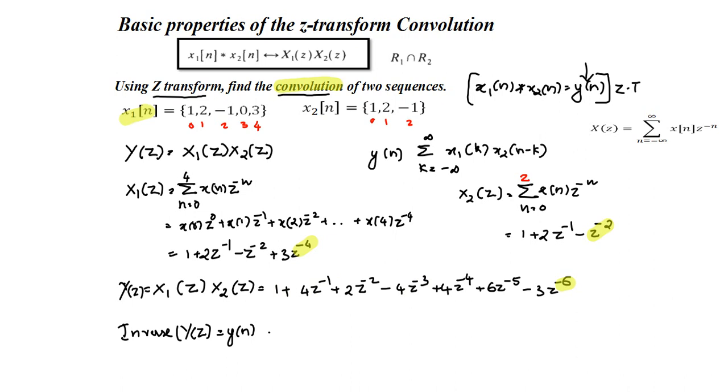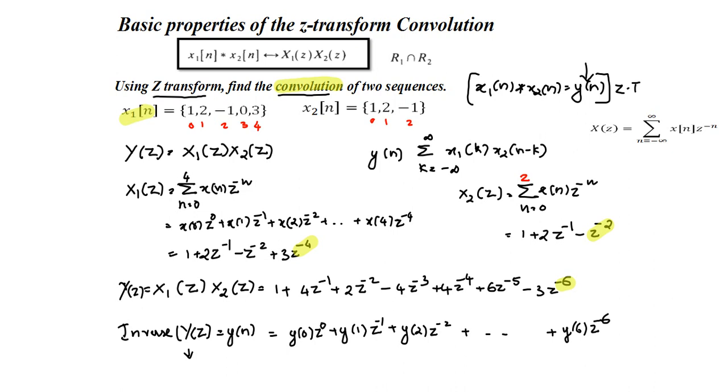It's something we can call y of 0 into z raised to 0 plus y of 1 into z raised to minus 1 plus y of 2 into z raised to minus 2 plus etcetera. Last you can see that it becomes y of 6 into z raised to minus 6.